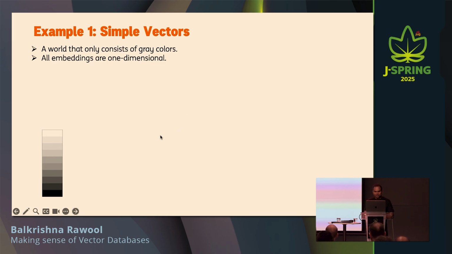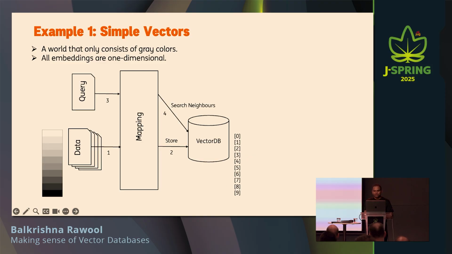And then these are mapped to some numbers, 0 to 9, right? And these numbers are converted to one-dimensional arrays. So basically, our embedding algorithm or embedding model here is just a mapping from these colors to these numbers, which are then one-dimensional vectors.